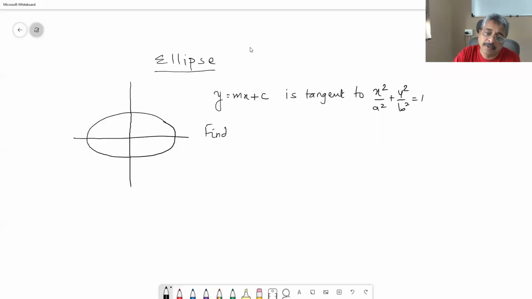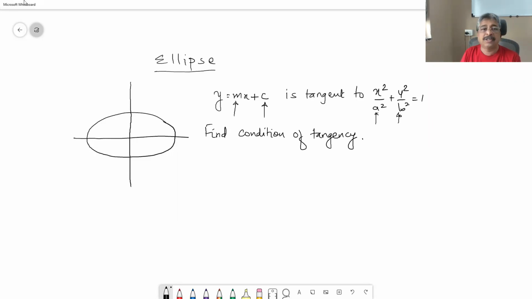Find the condition for tangents. How m, c, a and b should behave so that this line is tangent to this curve.